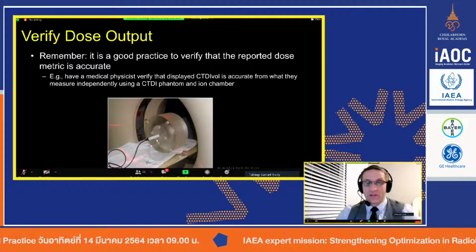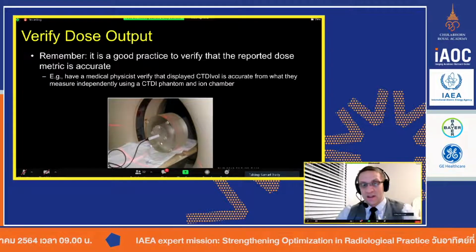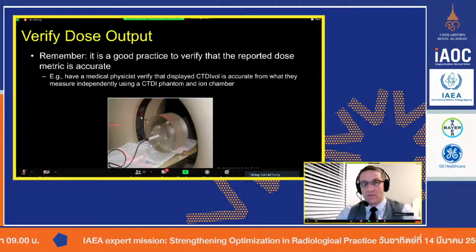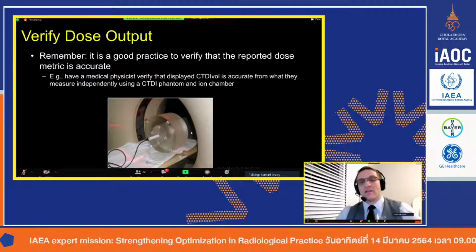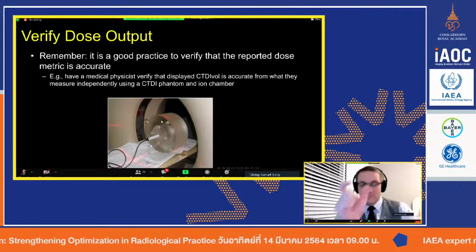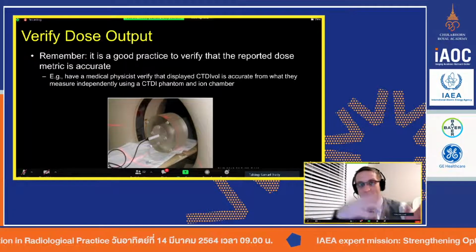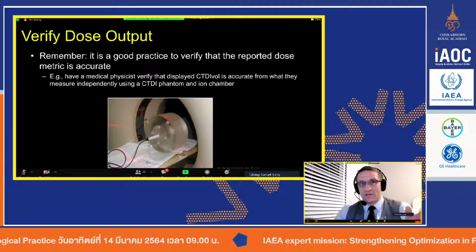And the only way to do that is to test it with a standard. And so you can use a CTDI phantom with an ion chamber. You place it inside your CT scanner, and your physicists there are going to verify that the value listed on the CT scanner and the value that is recorded with every patient examination is accurate.